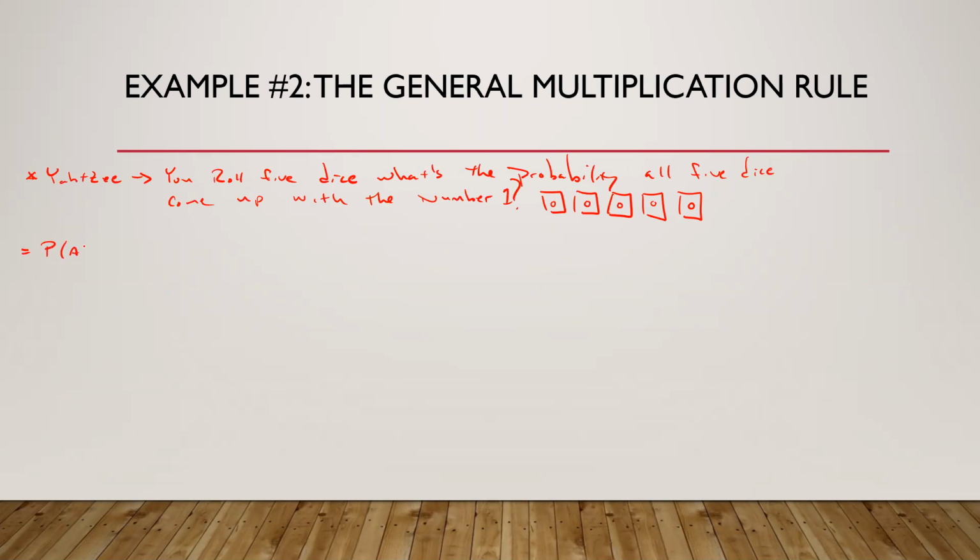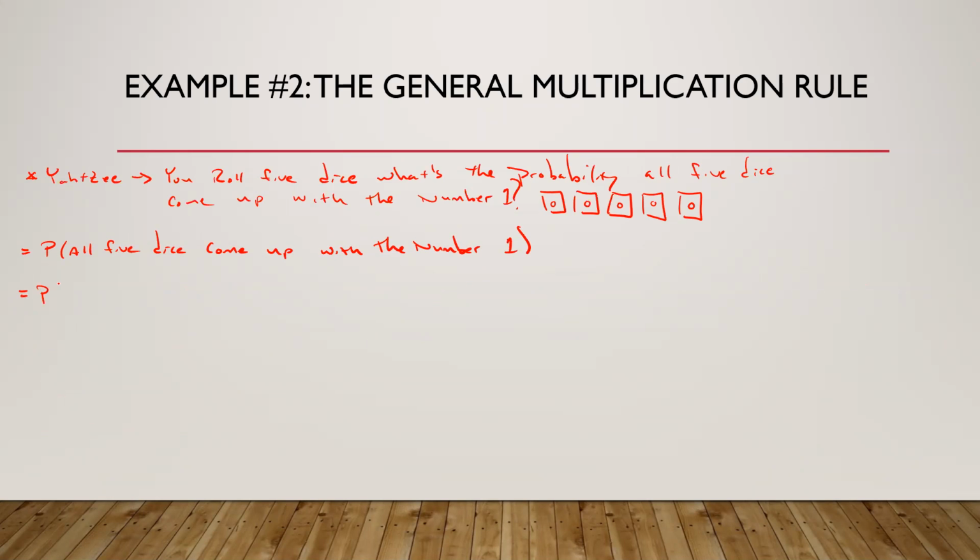So it's the probability all 5 dice come up with the number 1. Okay, so you roll these dice and they all come up with the number 1. So you just have to figure out a creative way to do this.